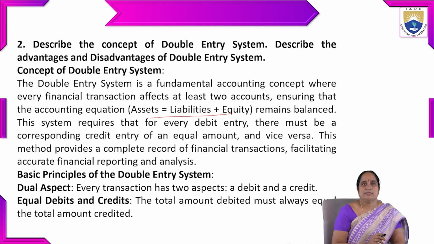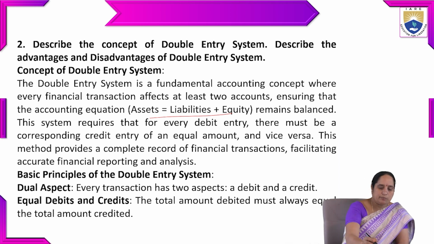This system requires that for every debit entry, there must be a corresponding credit entry of an equal amount and vice versa. This method provides a complete record of financial transactions, facilitating accurate financial reporting and analysis.